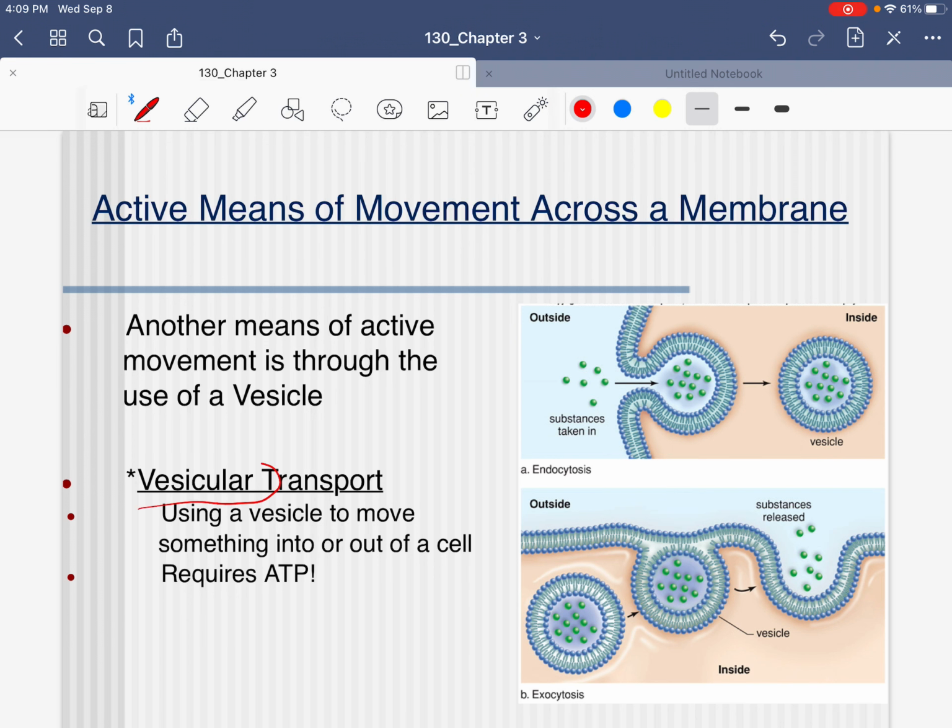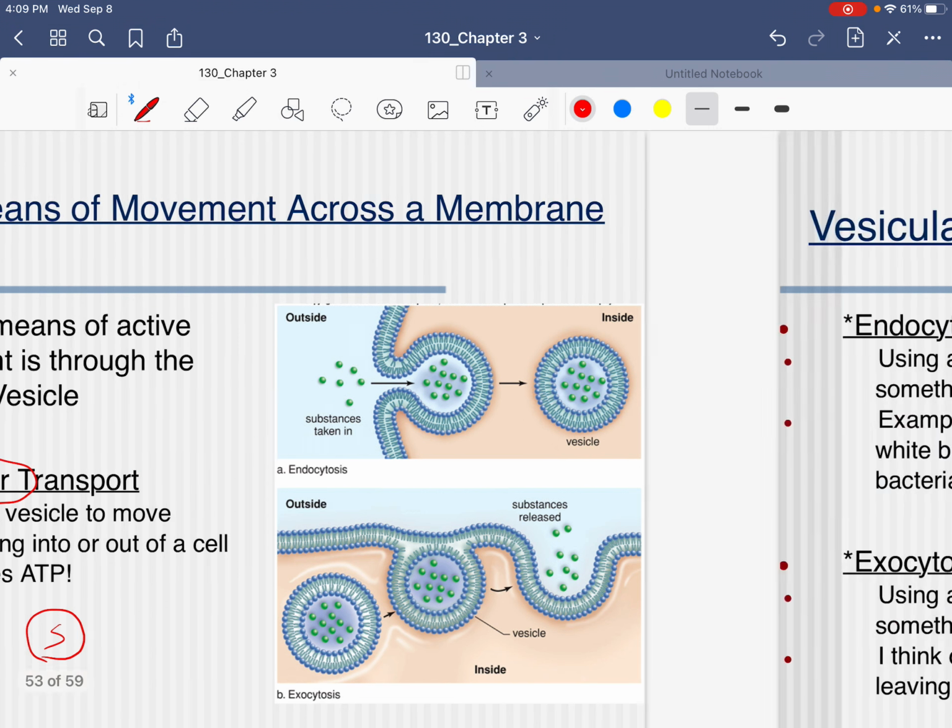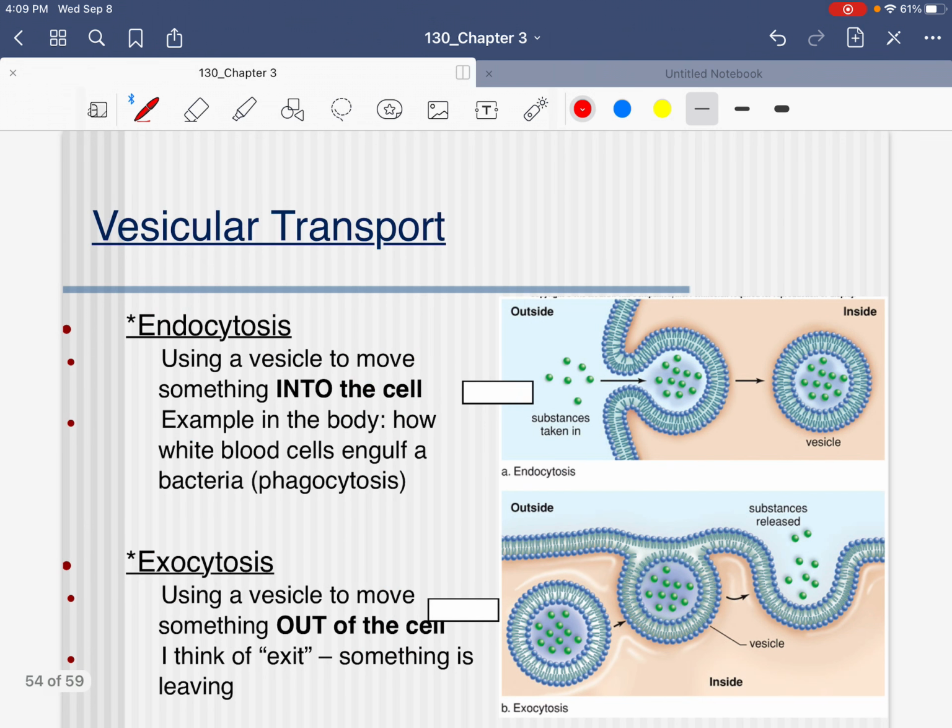Good. Another way that requires energy is something called vesicular transport, which just means that we're transporting something through the cell via a vesicle. Vesicular transport, using a vesicle. We have two ways, endocytosis and exocytosis.